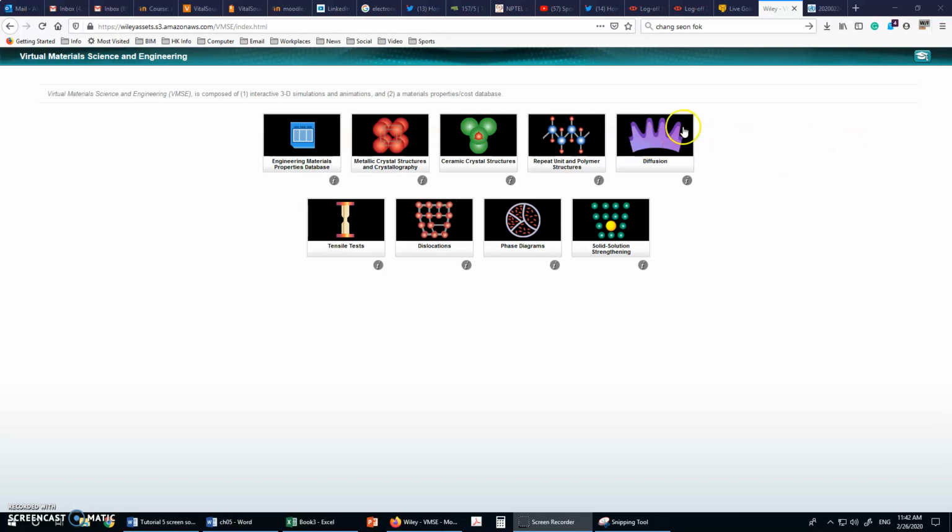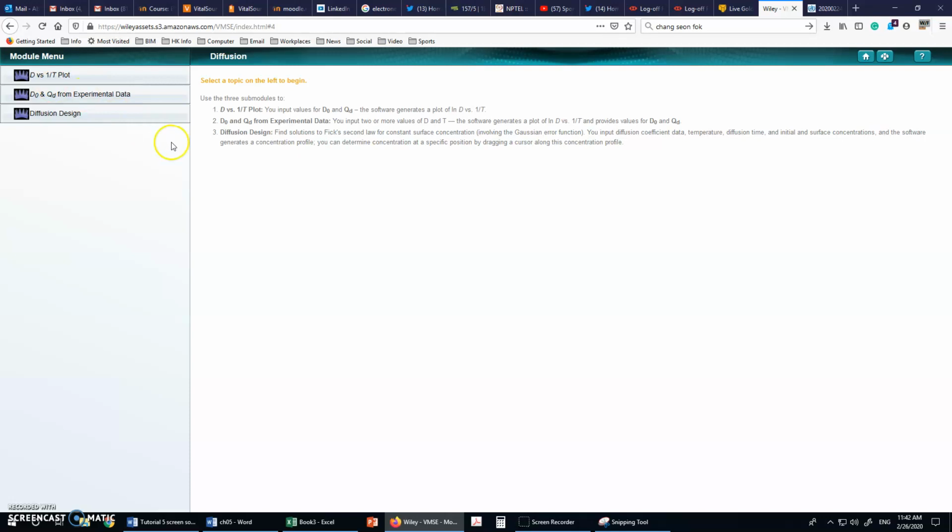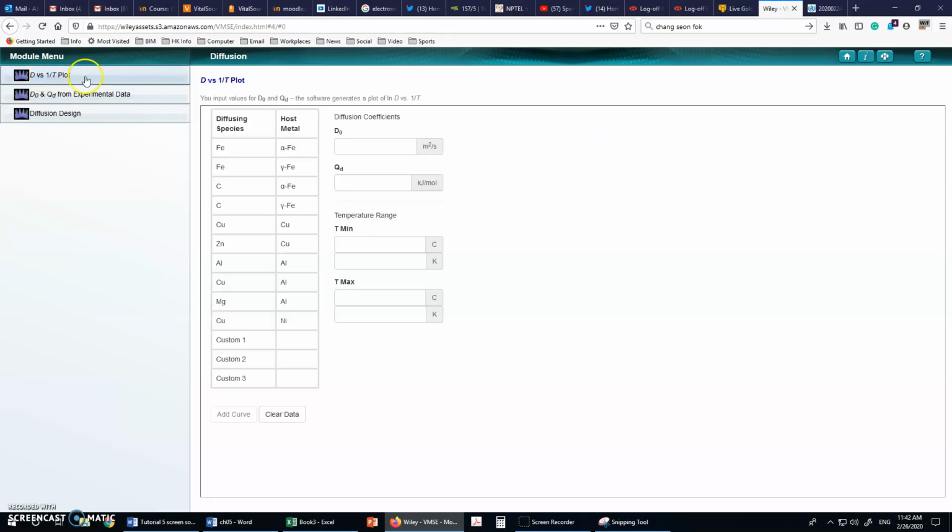On this web page you click the diffusion part, and under the diffusion part the first module, the D versus 1 over T plot. In this plot, first of all you will select our current problem, which is copper in nickel.